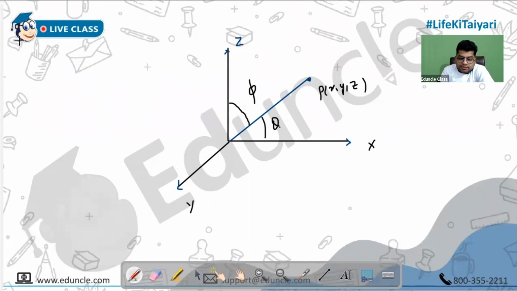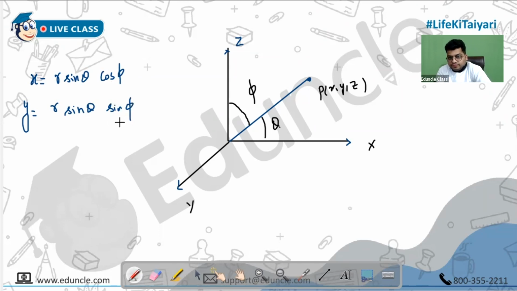The spherical coordinate system is, x equal to r cos theta and y is equal to r sin theta, that was the polar one.